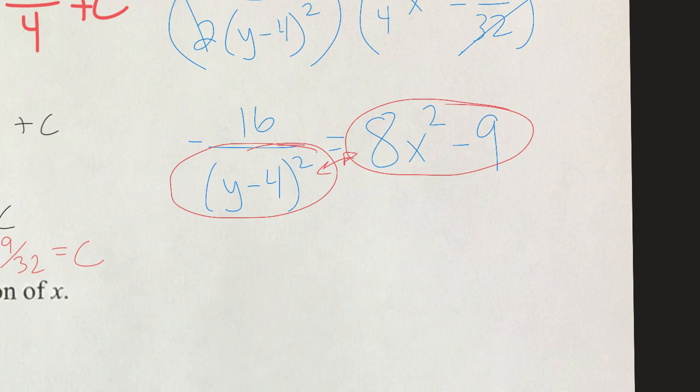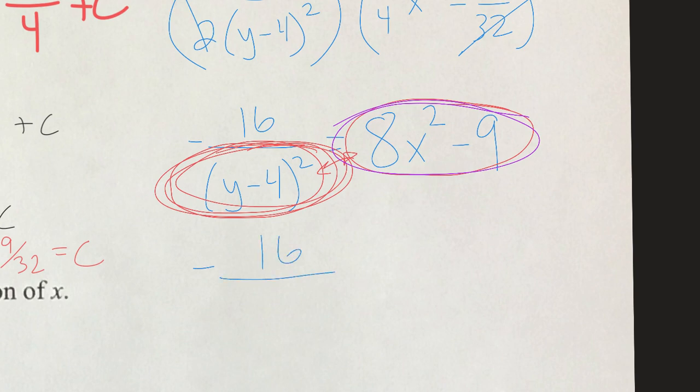So I am multiplying everything by this (y minus 4) squared, and then I'm going to turn around and divide everything by 8x squared minus 9. Okay, so these are going to do the switcheroo. Negative 16 over 8x squared minus 9 equals (y minus 4) squared.